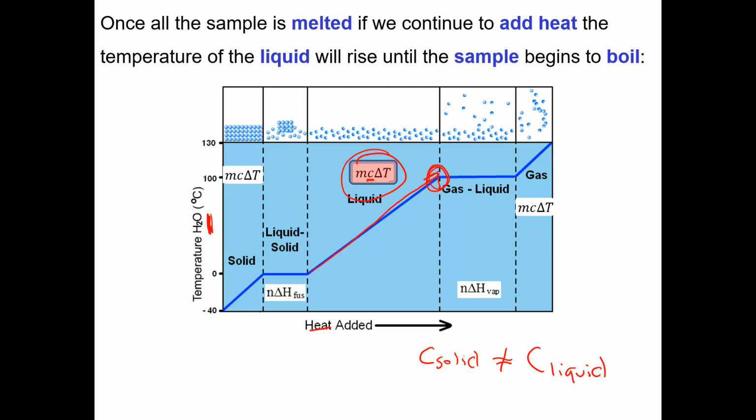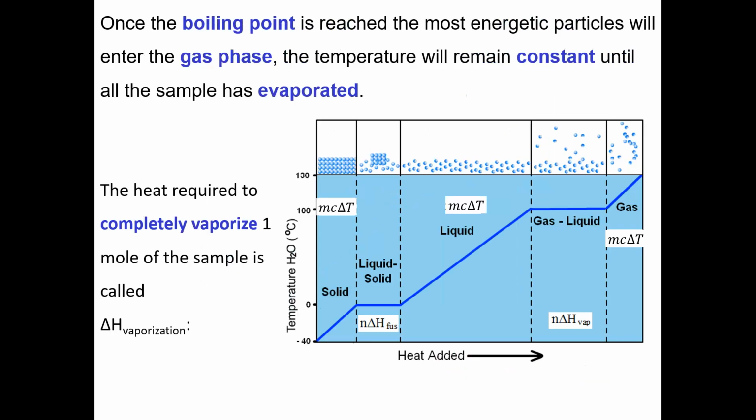So, at the boiling point, what's going to happen is as we add heat, the most energetic particle is going to leave the liquid state and go into the gaseous state, but the temperature will remain constant, right? And so that's going to just stay constant until we turn 100% of our sample into a gas.